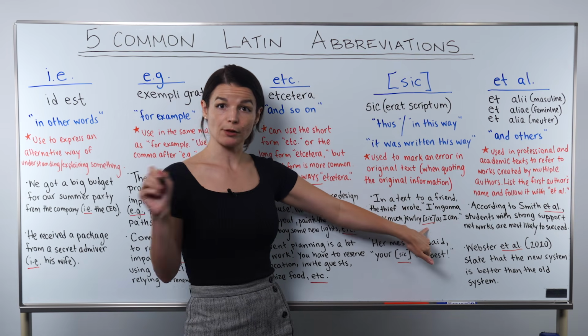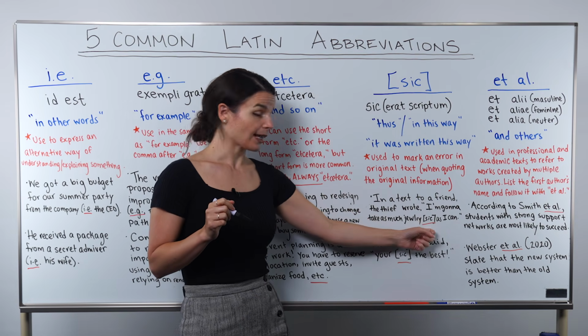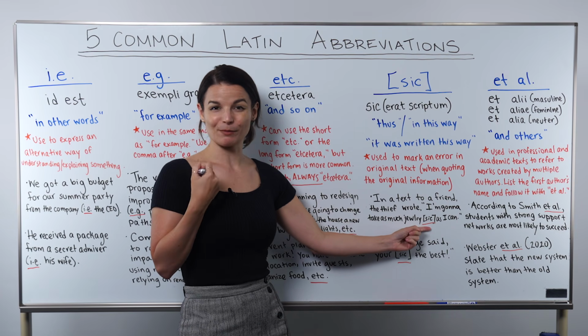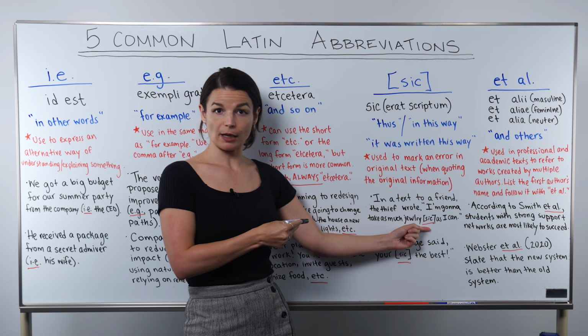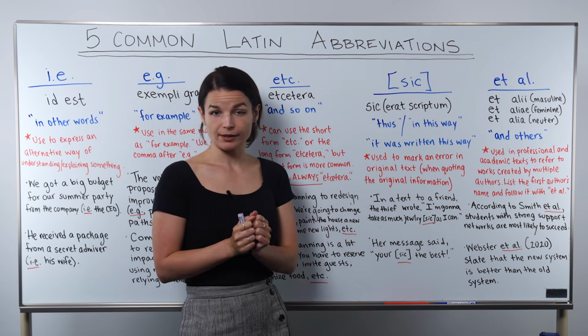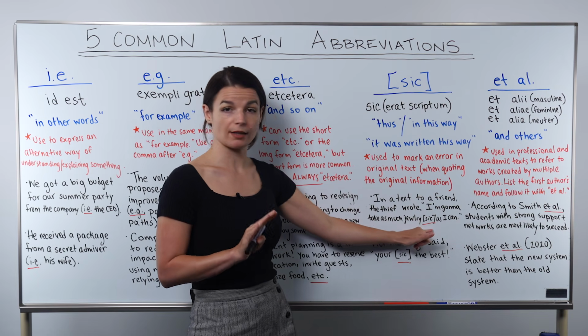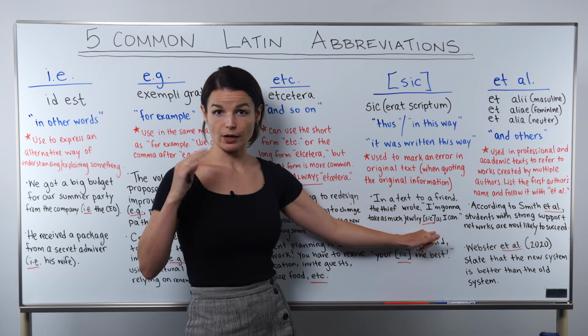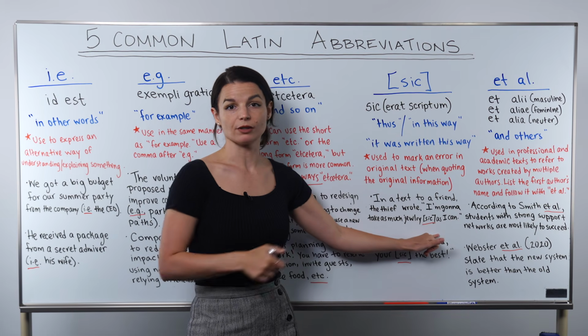And the writer of the report puts "sic" here to show the writer of the report did not write this spelling error. This spelling error is from the thief's text. So we use "sic" to mark these kinds of problems, to show the writer of the piece did not make the error. This is an error in the original text.